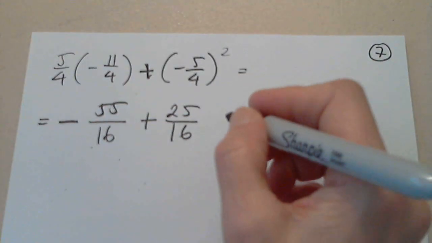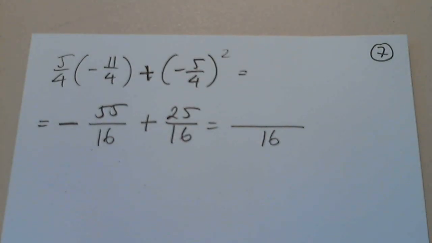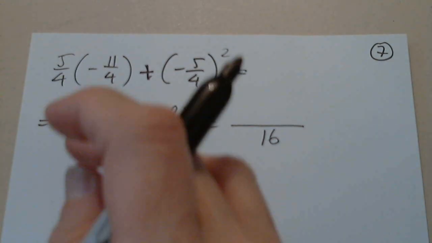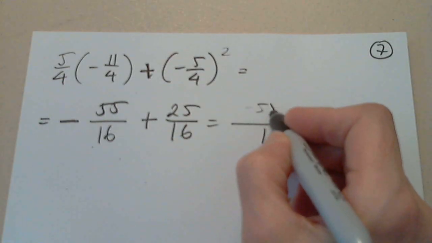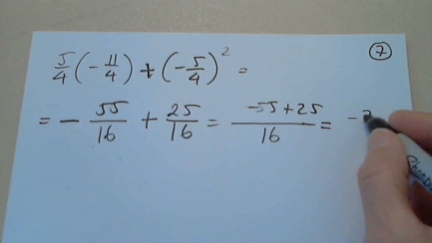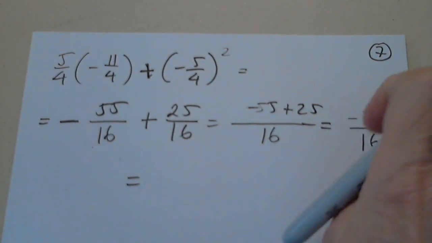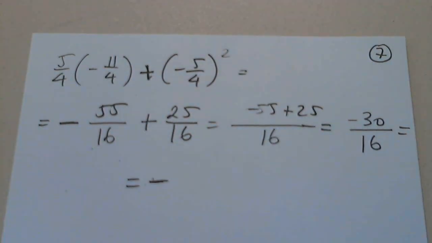Look at that. Very nice. I don't have to find the least common denominator because both have the same denominator. So negative 55 plus 25 is negative 30 over 16. First, I deal with the sign. A negative of a positive is negative.